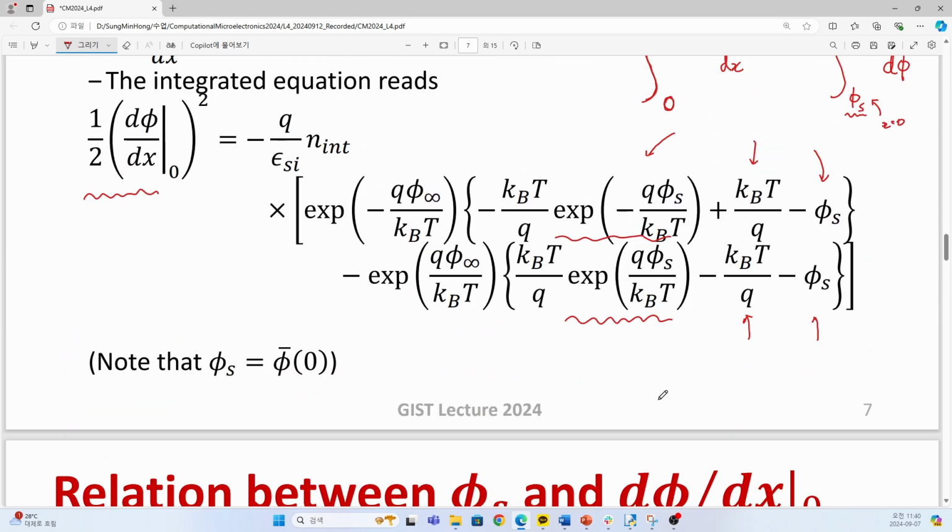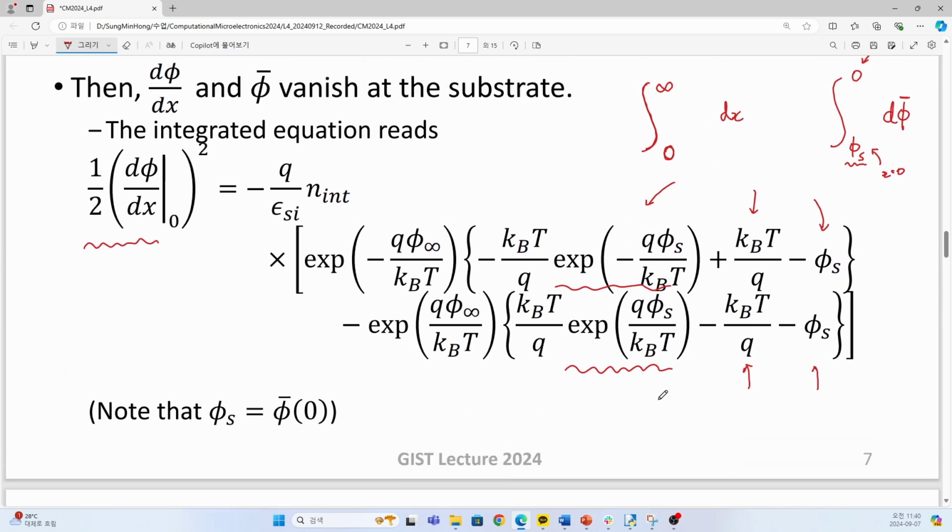Anyway, it means that by using this expression, once we know a certain variable phi sub s, we can calculate d phi over dx evaluated at the surface point. So the gradient of the electrostatic potential at the surface is closely related with the surface potential.